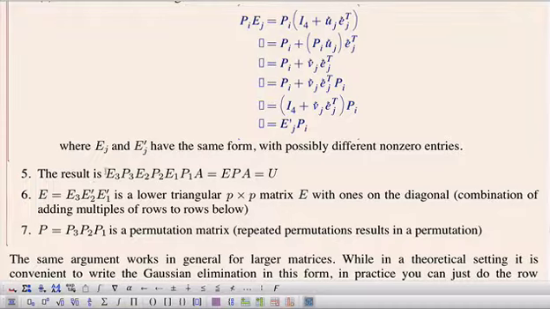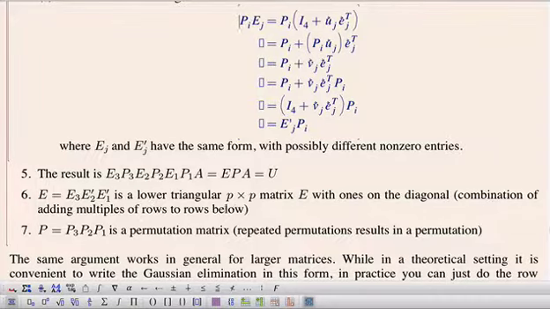So then the result is that all the permutations can be brought to right after A, and this E_3 P_3 E_2 P_2 E_1 P_1 A becomes E times PA equals U. And this E matrix is the product of E_3 with E_2 prime and E_1 prime.